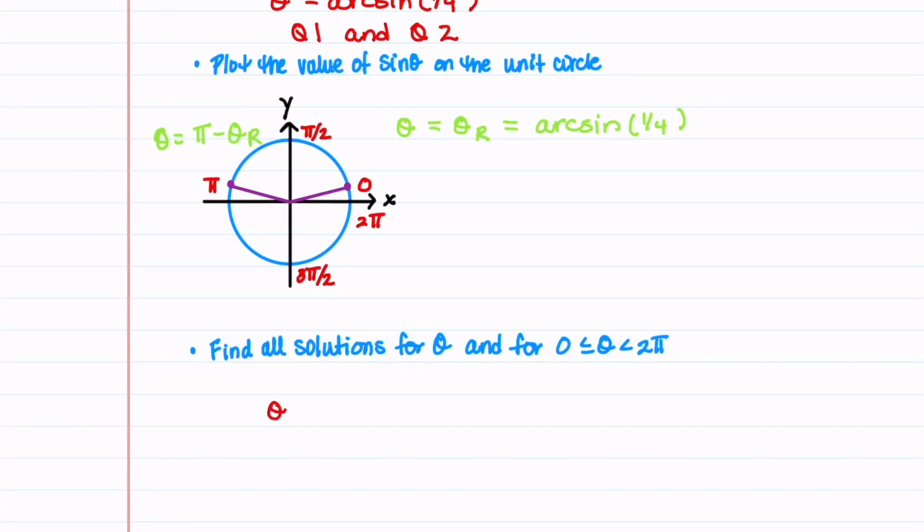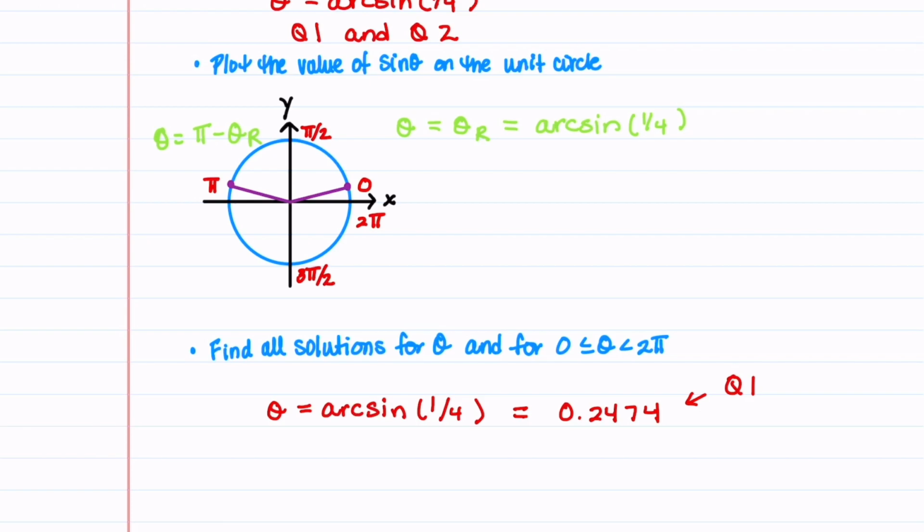We'll write down theta is equal to arc sine 1/4. We can put that in our calculator. Make sure when you do that your calculator is in radian mode. And we end up with theta is equal to 0.2474. Let's mark this as our solution in quadrant 1.